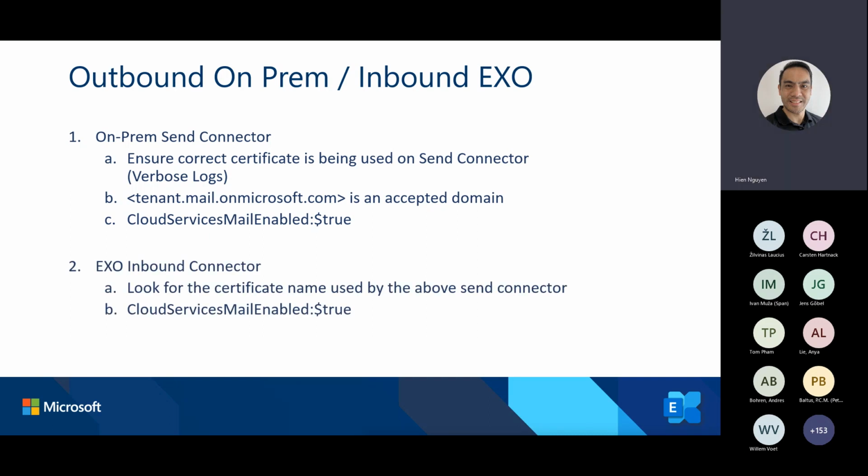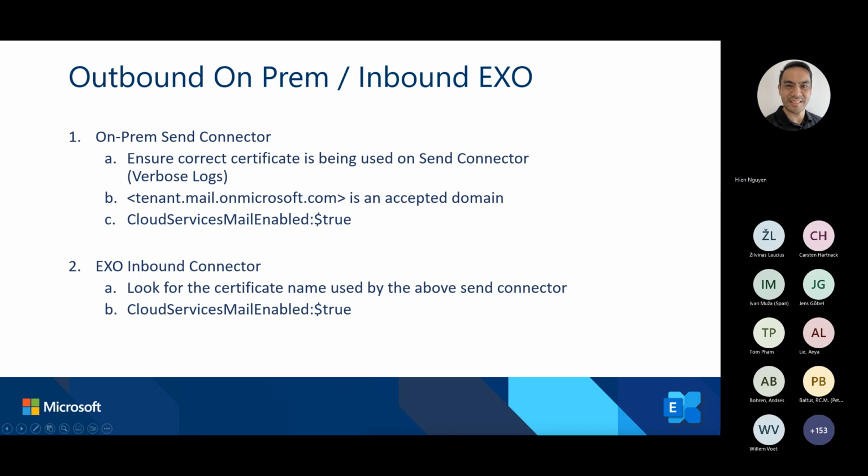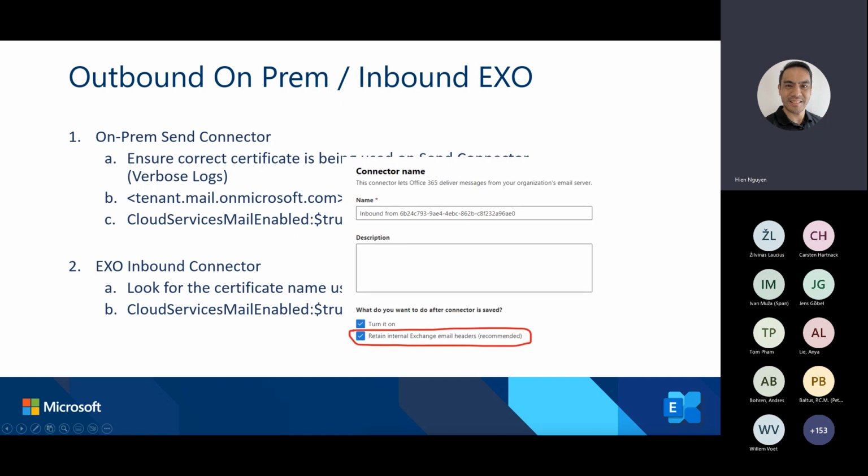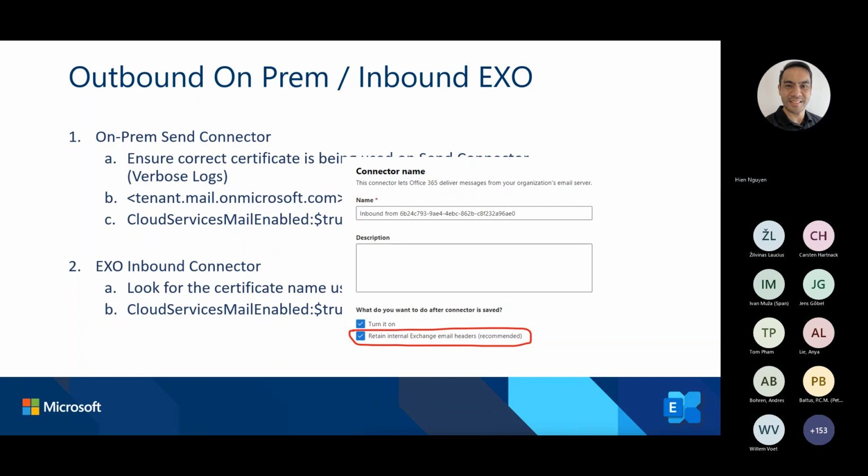And then on the EXO inbound connector, we look for the certificate name used by the above send connector. And then cloud services mail enabled to be true as well. In the GUI, in Exchange Online, that's what that tick box actually does, retain internal Exchange email headers. So that's cloud services mail enabled box.